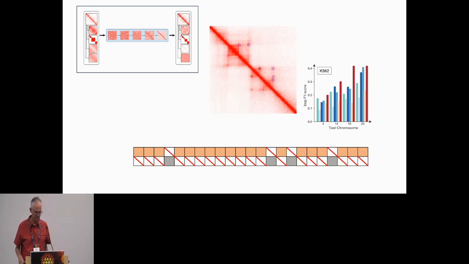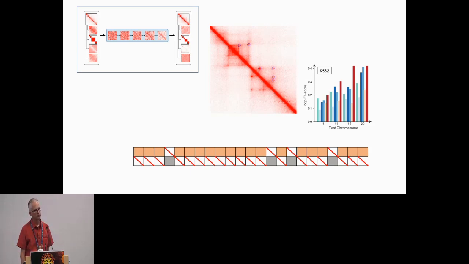As the moderator, I give myself the last question. The multi-view aspect seems like it is very easily generalizable to different data modalities, maybe within chromosome conformation capture, or even across imaging.